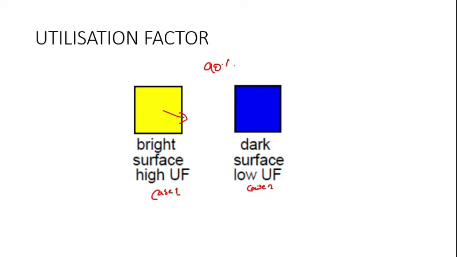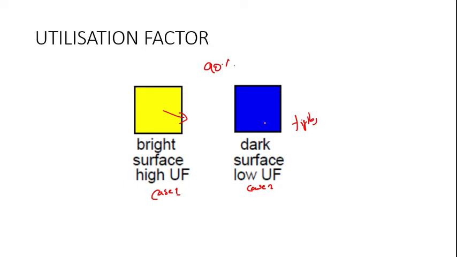And in case 2, if the room surface is a dark surface, as shown in figure B, then the reflectance value of this kind of surface is low, so it will absorb the light radiation.